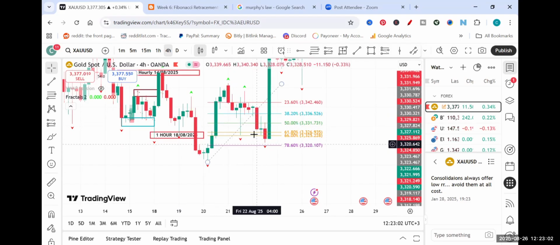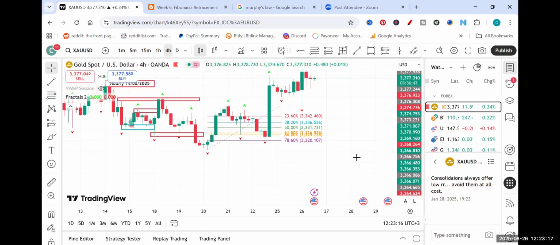So you see the opportunities you get. Finally price came down again, and of course we may lose some trades there. Then price came back and went all the way up past this swing high, because our goal when trading Fibonacci retracements is we want price to come to this level, to this swing high.